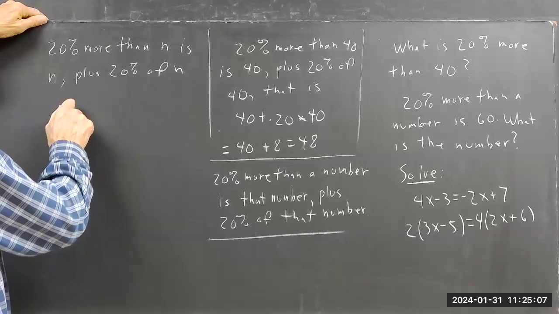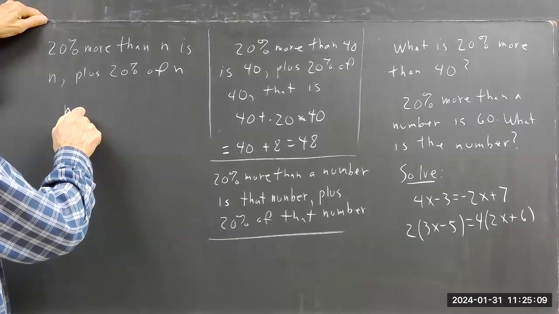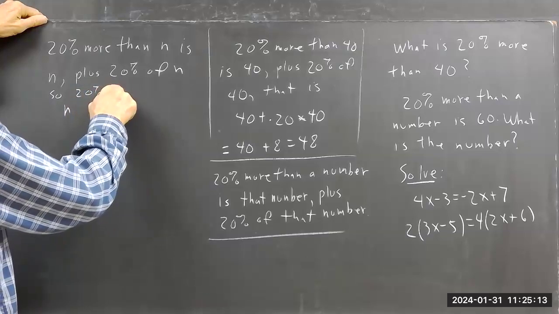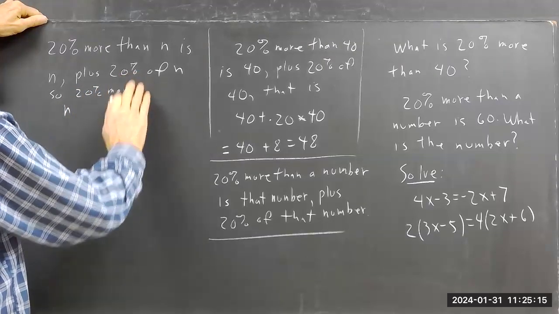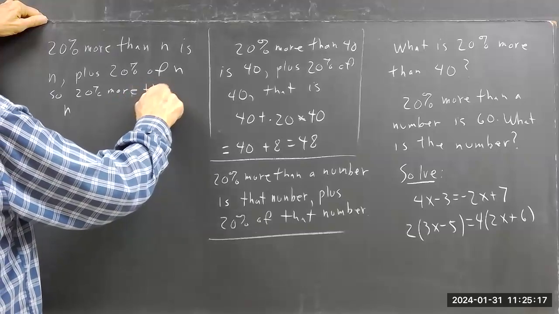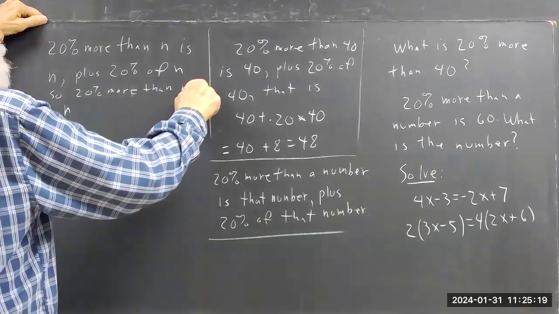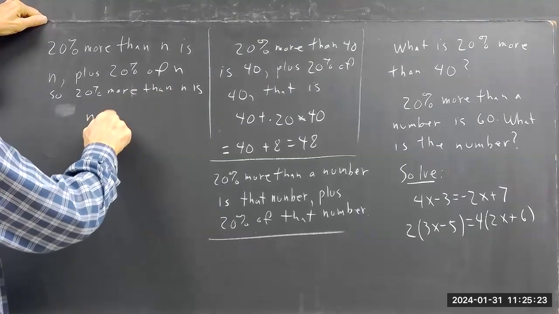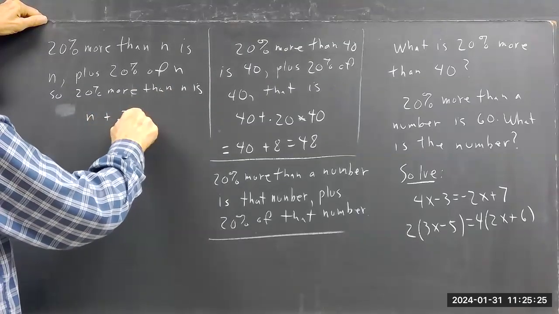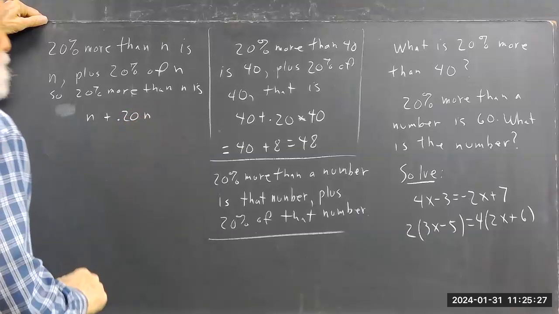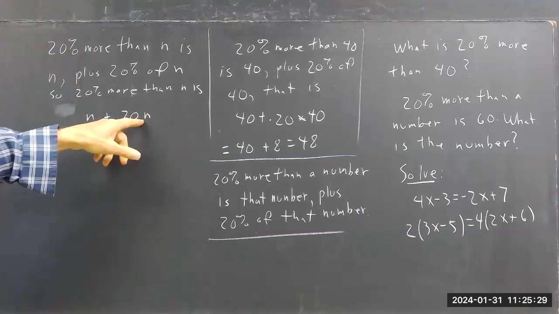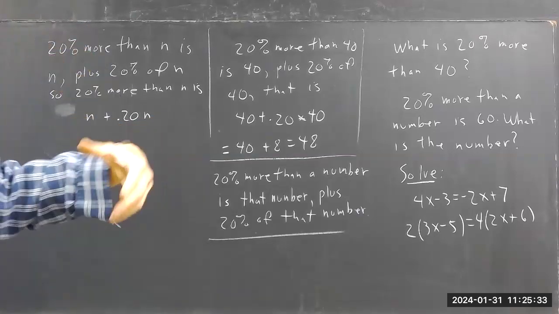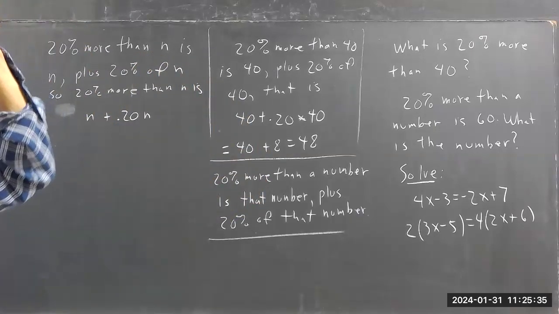I'll give you a complete statement. So 20% more than N is N plus 0.20 times N. And you can put a multiplication sign in there if you want, but if you just write 0.20 N, it means 0.20 times N, right?